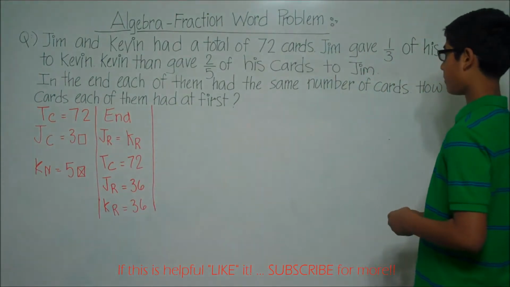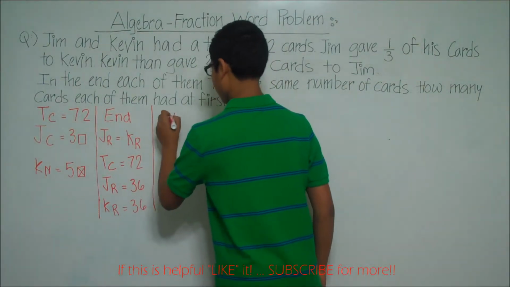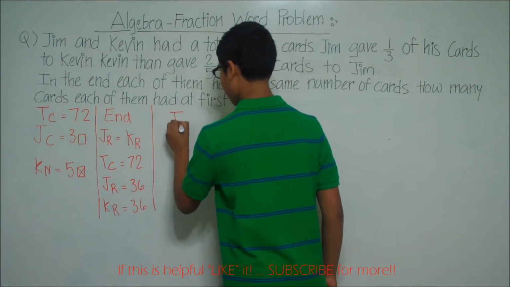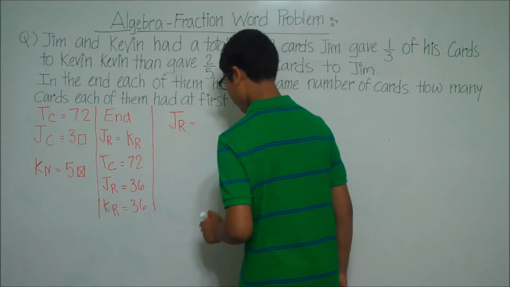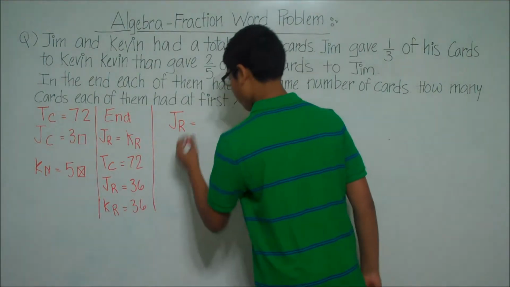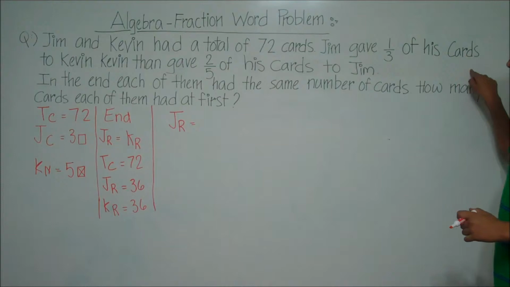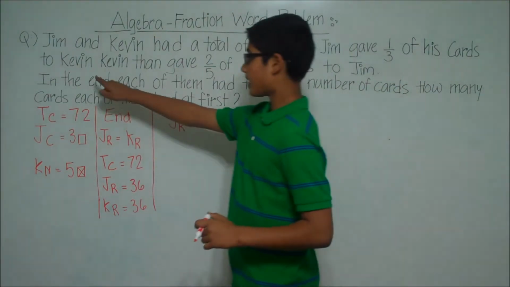Now let's move on. So, Jim remaining, J for Jim, R for remaining, is equal to, now we know that Jim gave 1/3 of his cards to Kevin.